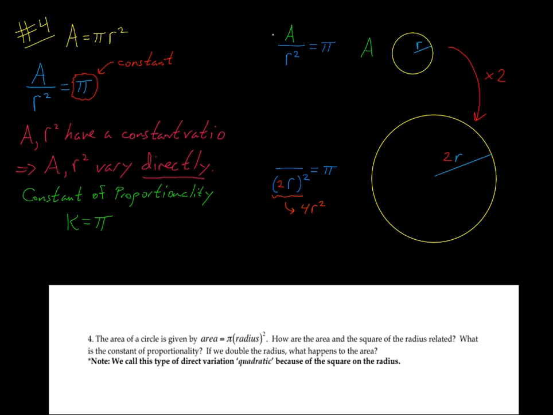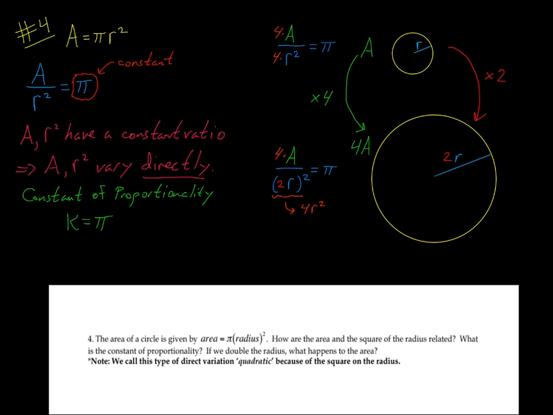That's the same thing as taking this original relationship and multiplying by 4, and to counteract this multiplication of 4, I have to do the same thing up there. So we get a factor of 4 multiplying that original area. When all is said and done, if the radius is doubled, due to the square on the radius, our area will be multiplied by 4, and this new area is in fact 4 times the original area.